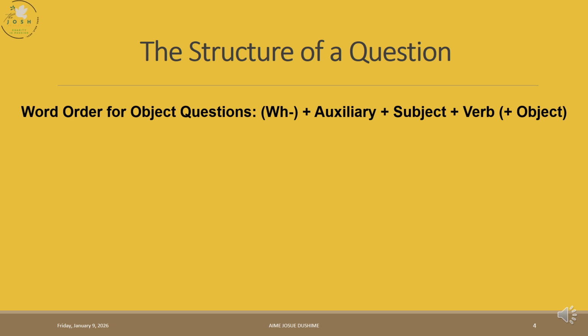This is the question starter, which starts with WH, like who, why, when, what, how. Plus auxiliary. These auxiliaries are do, does, did, is, are, was, were, depending on the present or past tense you want to ask your question in. Then subject, then verb, then object.